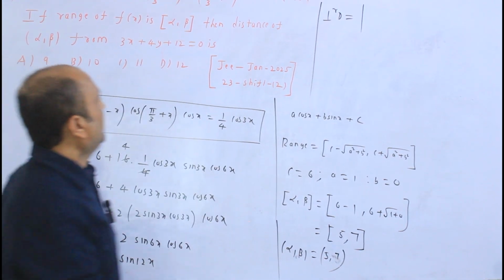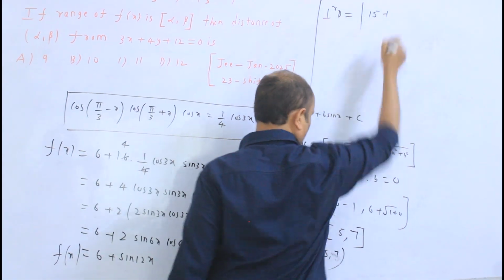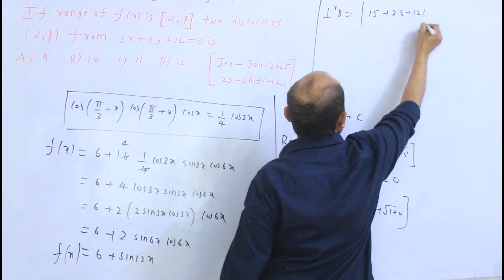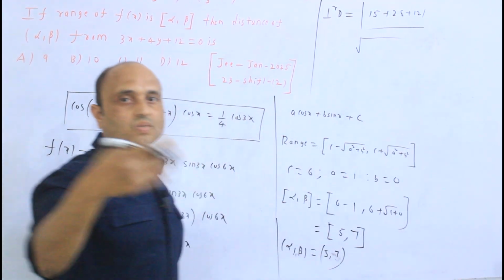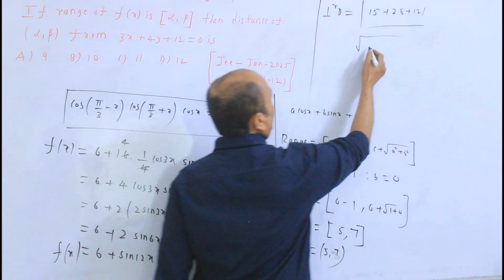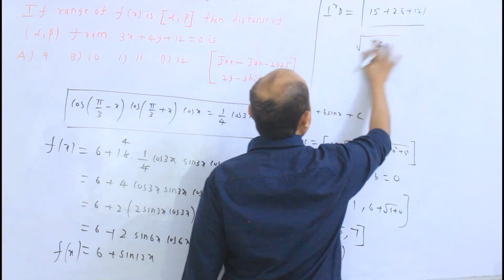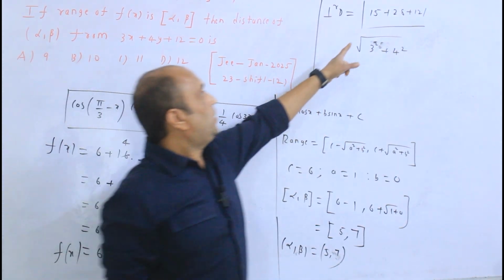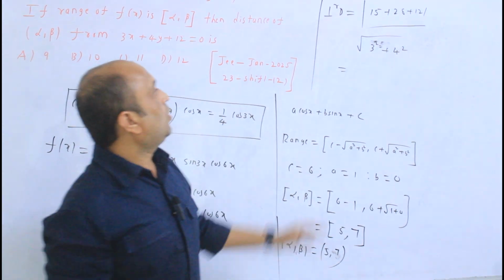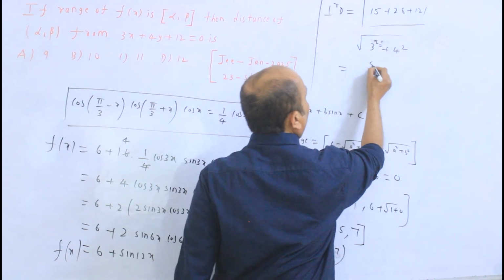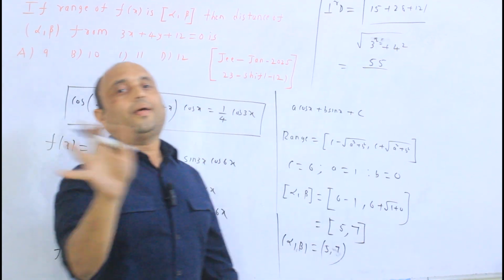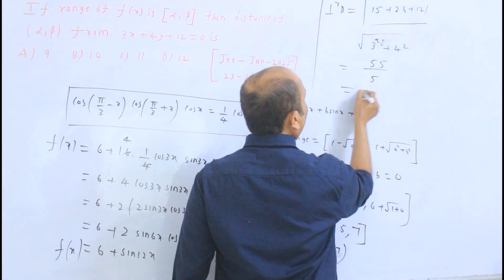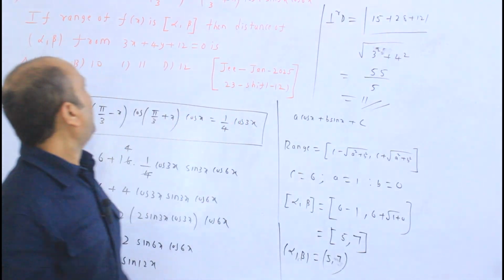Substitute in that: mod of 3 fives are 15 plus 28 plus 12 by under root a square plus b square, 3 square plus 4 square. That equals 28 plus 12 is 40, plus 15, that is 55 by under root 9 plus 16, that is 25, 5. So we will get 11. This is our required answer.